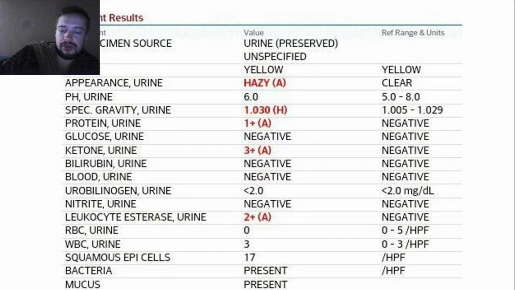High urine-specific gravity: volume loss, heart failure, presence of large molecules, glucose, radio contrast media. Low urine-specific gravity: renal failure, diabetes insipidus.